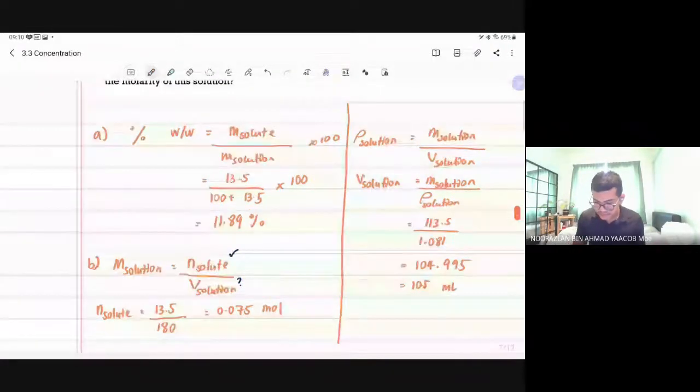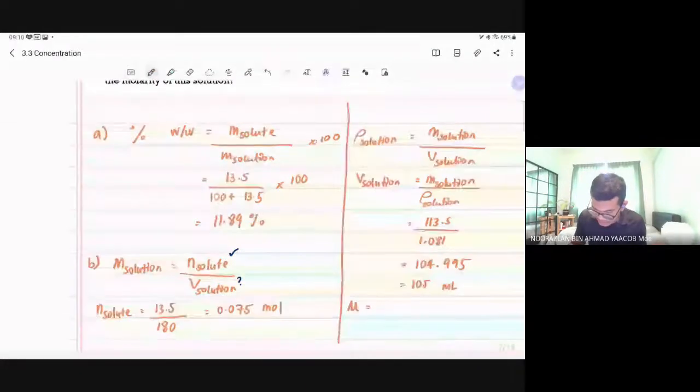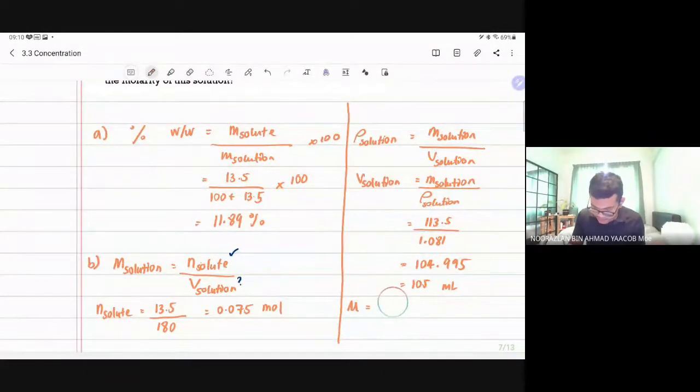ml. So nak cari molarity dia sama dengan 0.075 number of mole bahagi volume dia tapi dalam liter. So ini bersamaan dengan 0.105 liter. Okay. 0.105.